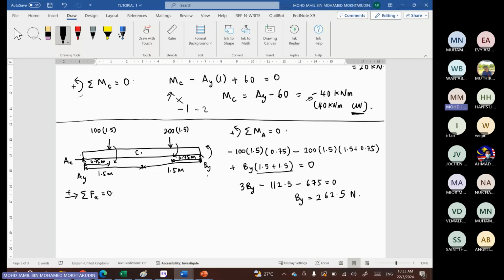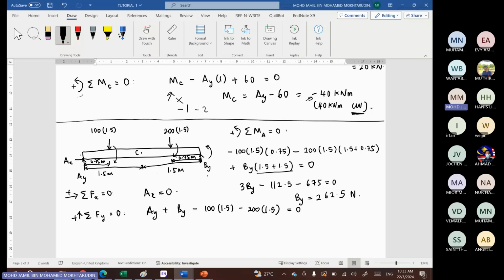So we can do force in the x direction. So in the x direction, we only have Ax. There is nothing else. So Ax equals 0. Then we can do force in the y direction. So here we have Ay plus By. We have the loadings 100 times 1.5 going down, so we have 100 times 1.5 and also 200 times 1.5 equals 0.